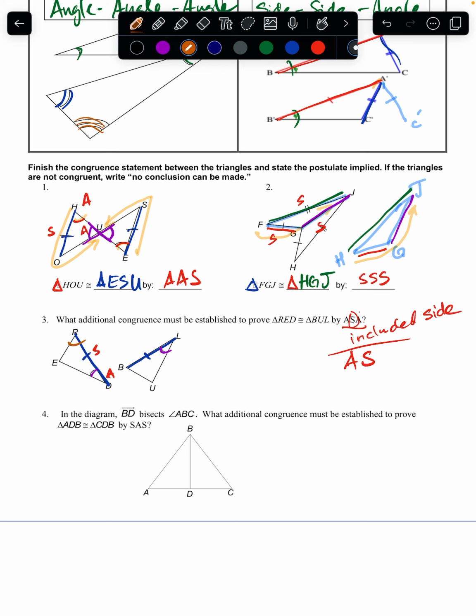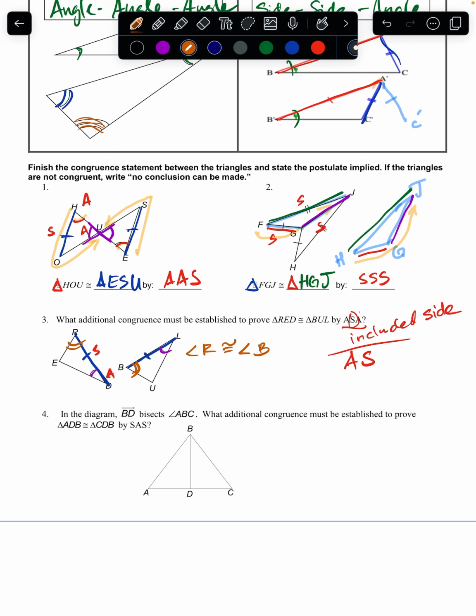So angle R and angle B, those two corresponding angles must be shown to be congruent so that you can say that the two triangles are congruent by ASA. So in addition to this, I need to say that angle R must be congruent to angle B. All right.